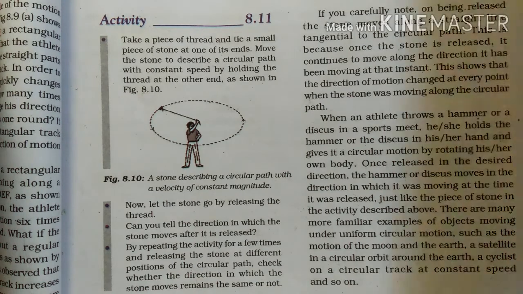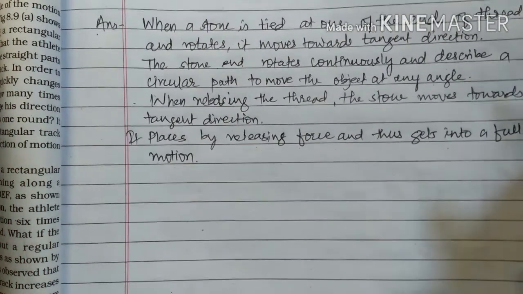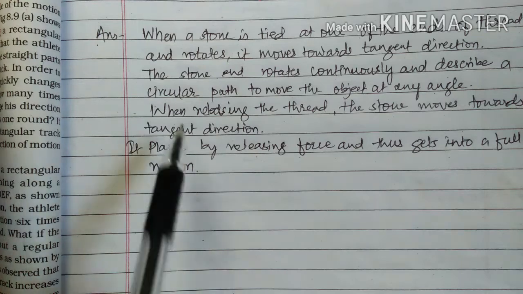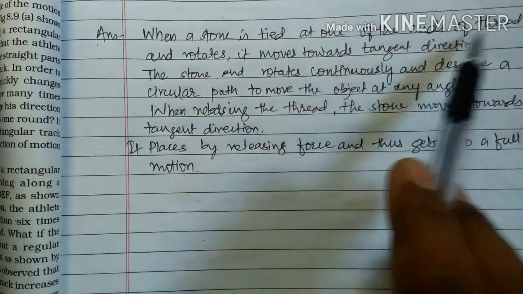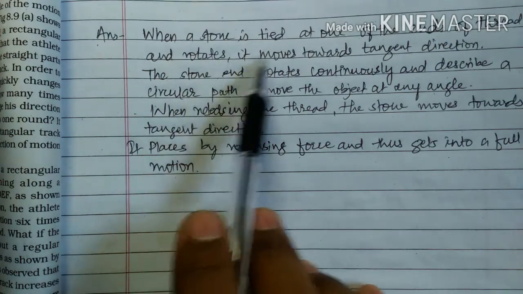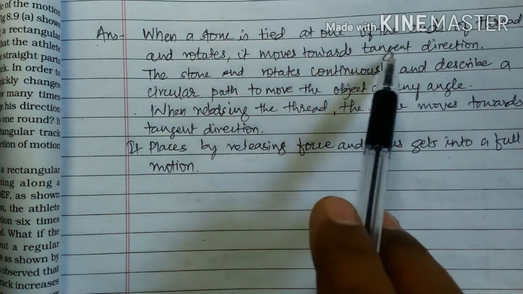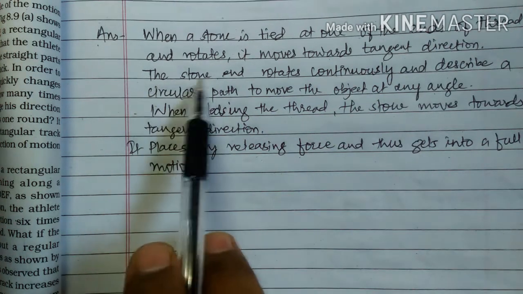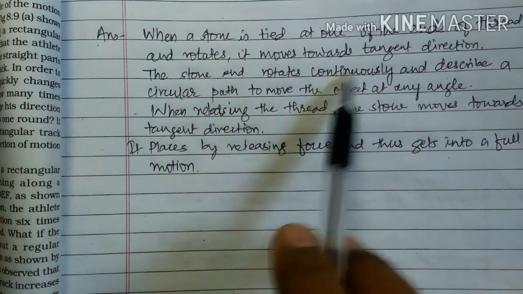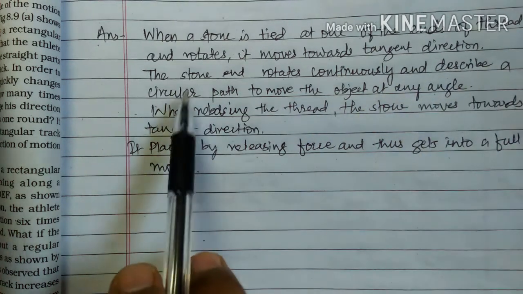Now please student, take note of the answer: when a stone is tied at one end of the thread and rotated, it moves in the tangent direction. The stone rotates continuously and describes a circular path.